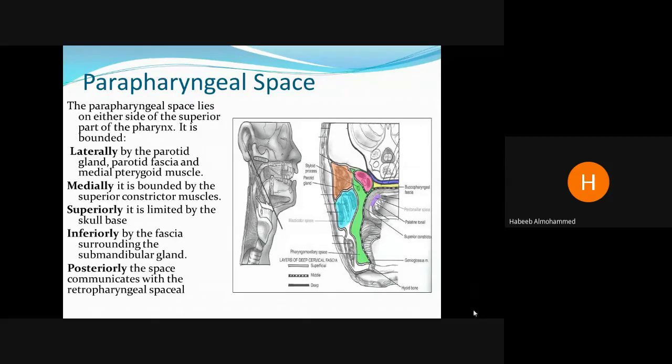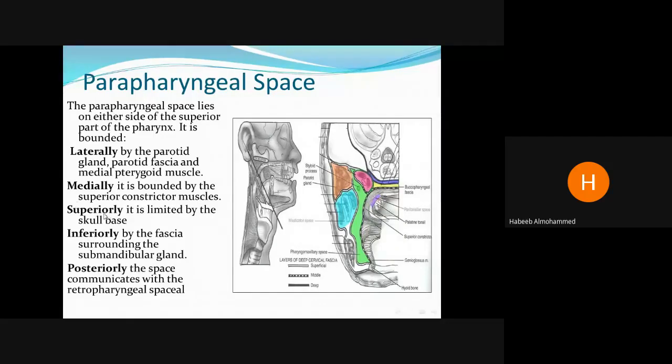It is bounded laterally by the parotid gland, parotid fascia, and medial pterygoid muscle. Medially, it is bounded by the superior constrictor muscles, the pharyngeal wall. It is beside the pharyngeal wall.